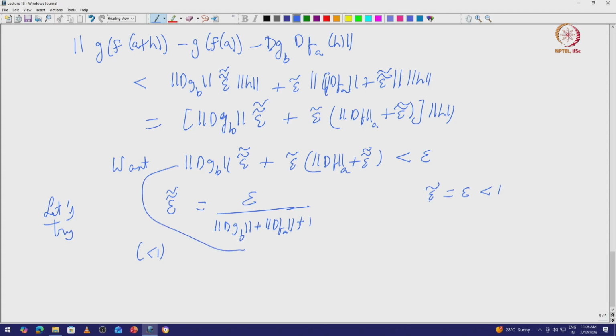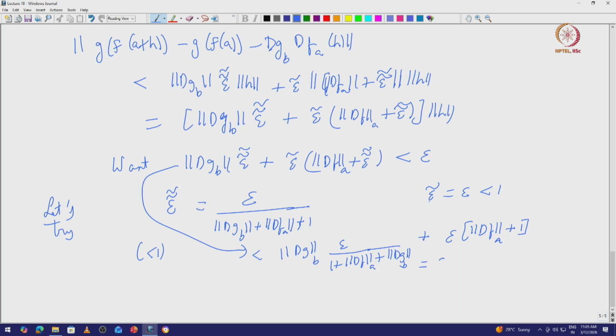So when you substitute it here, you'll get that this is less than epsilon divided by 1 plus norm dfa plus norm dgb, plus, what is epsilon tilde? It's simply epsilon itself, plus epsilon double tilde, well, whatever it is, it's certainly less than 1.